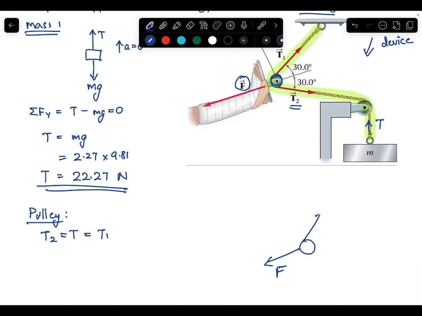There is a tension T and there is another tension T. Now it says T1 and T2, but we know that T1 is equal to T2 is equal to T. We know the angle between the axis that is created by the force F and the tensions.